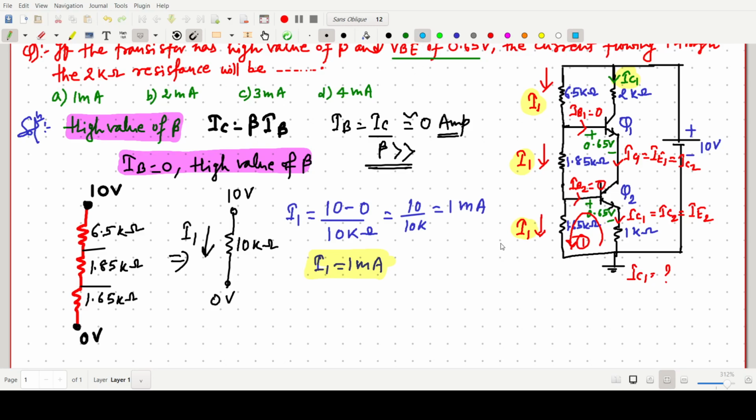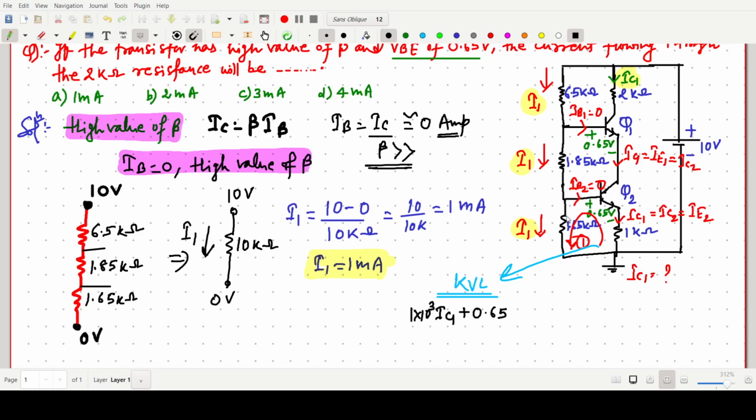So we have to write the KVL equation, Kirchhoff's voltage law equation, in this loop. So what do we have to do? We have to start from this side. We are just going opposite to the current. So one can write this as 1 into 10 to power 3, IC1, minus plus, so it should be plus 0.65.